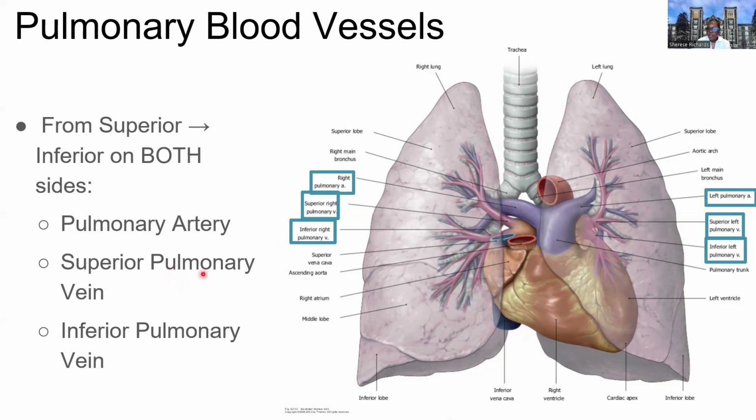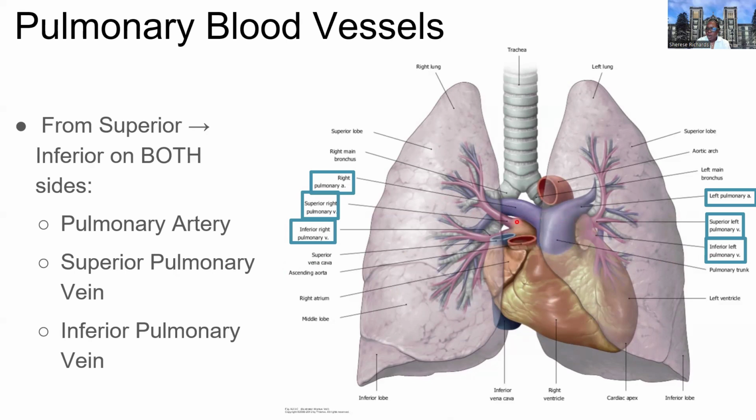We also have the pulmonary veins. Here we have 4 pulmonary veins that are coming back to the heart, and these are carrying oxygenated blood, although they're called veins. There are 4 of them, 2 superior coming back to the upper parts of the left atrium, and then 2 inferior coming back to the lower parts of the left atrium.